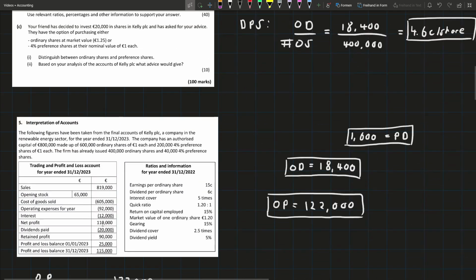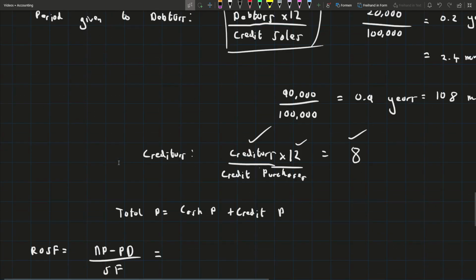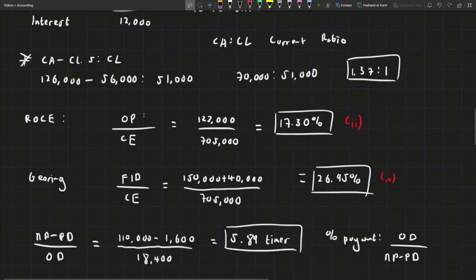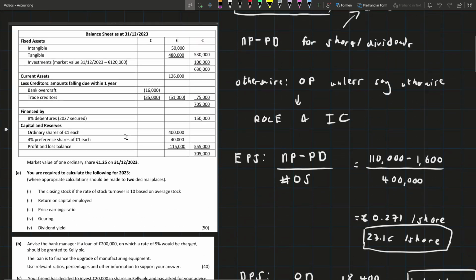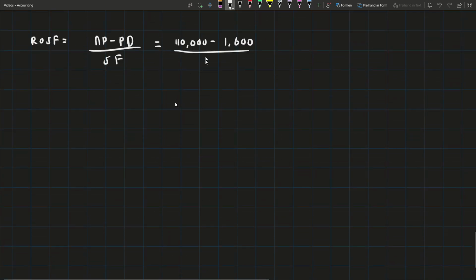Net profit 110,000. Our preference dividends are 1,600 divided by shareholders' funds, which is going to be 400,000 plus 115,000.